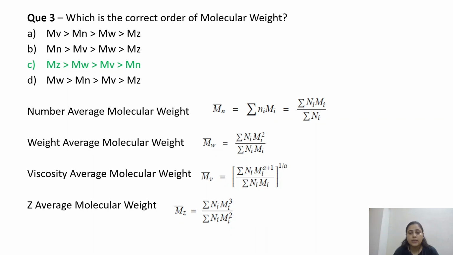Viscosity average molecular weight is the summation of Ni moles multiplied by molecular weight to the power A plus 1, divided by the summation of NiMi, which is moles into molecular weight. Now the whole is under the power of 1 by A. What is A here? A is basically a constant which tells about the linear expansion factor.